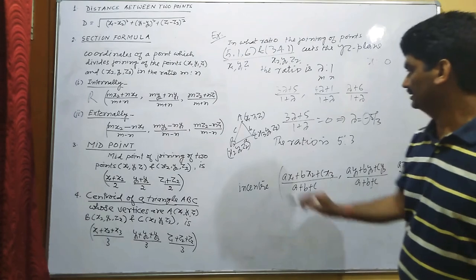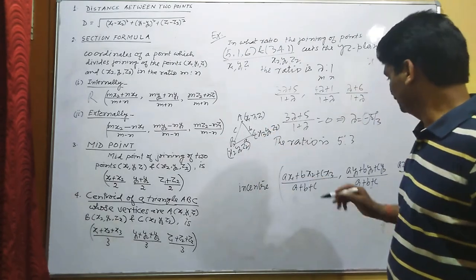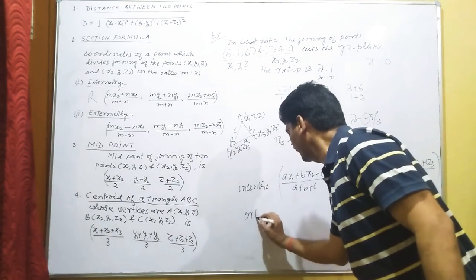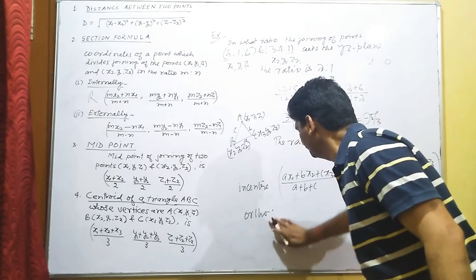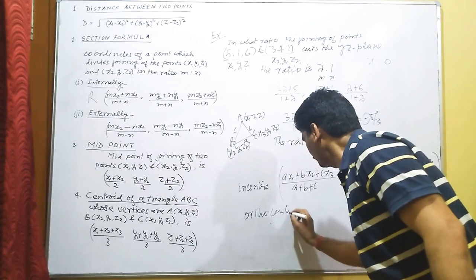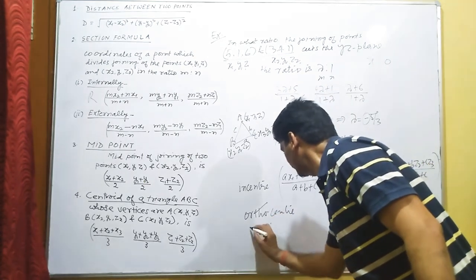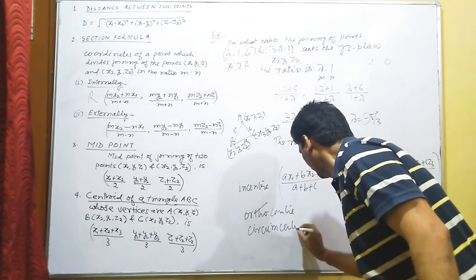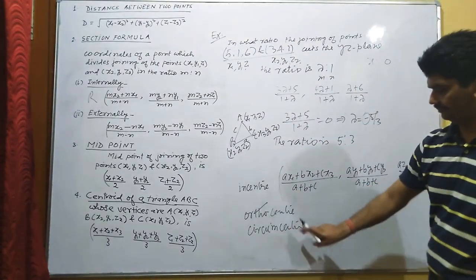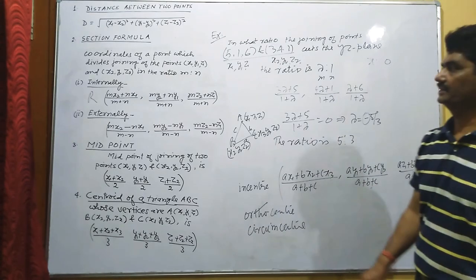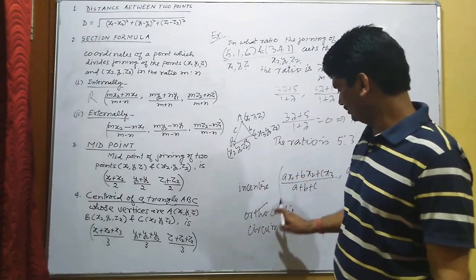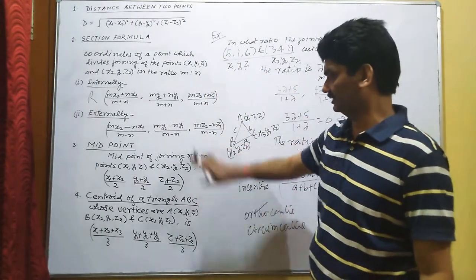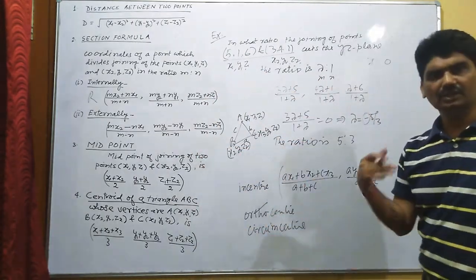There are also other special points, centers, such as the orthocenter and circumcenter. By the definition of these points, we can also find their coordinates by using these basic formulas, the distance and section formulas.